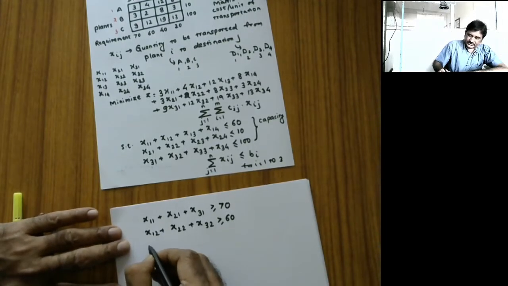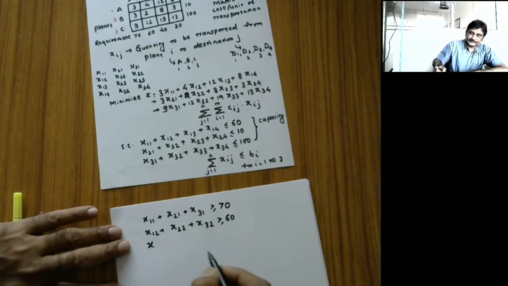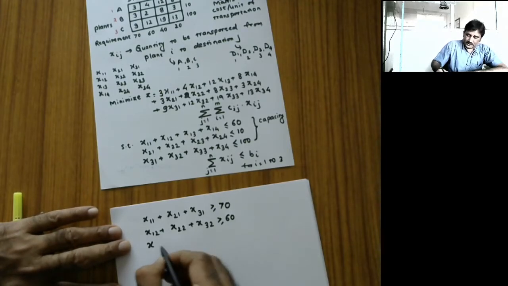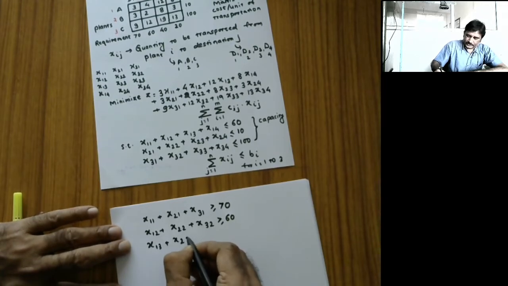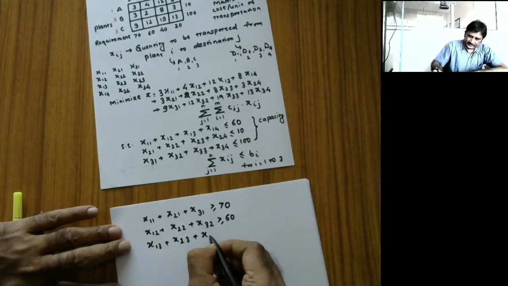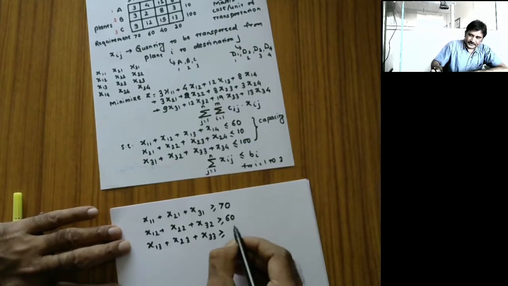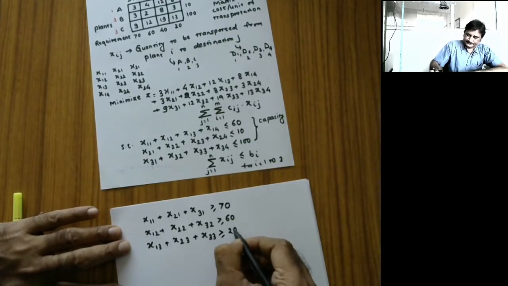Likewise, the third constraint: X13 plus X23 plus X33 has to be greater than or equal to 20.